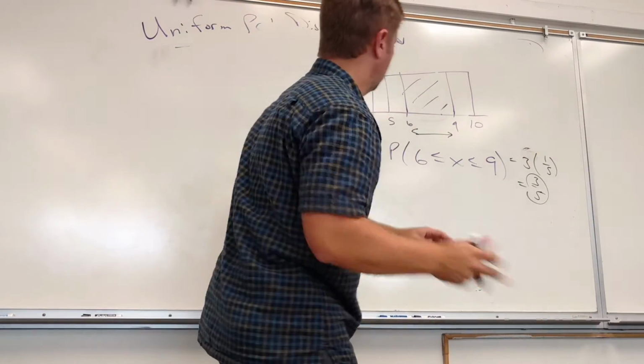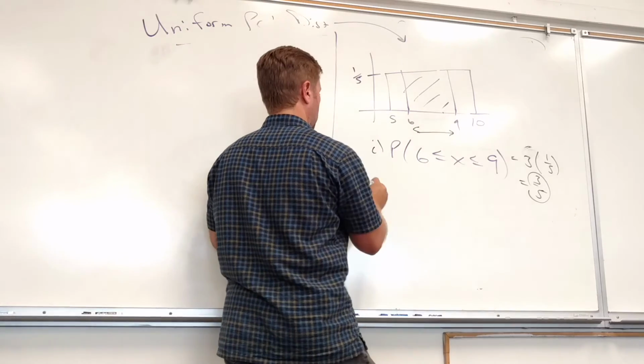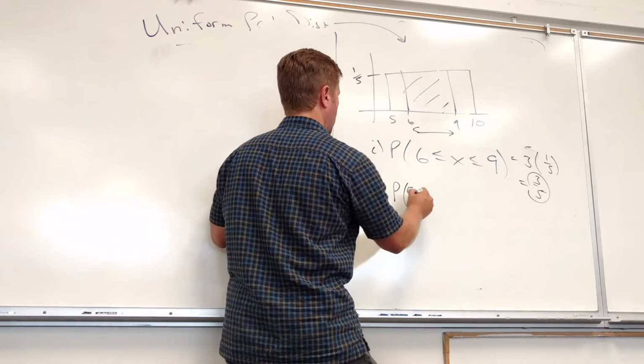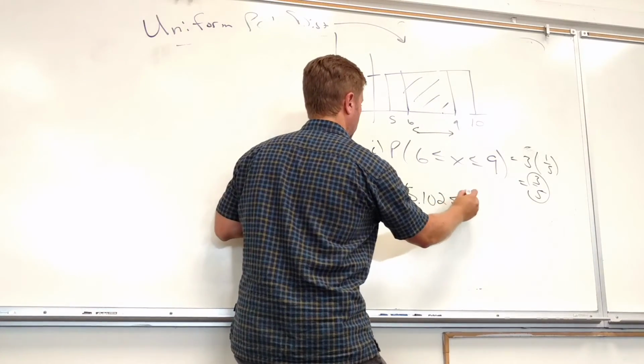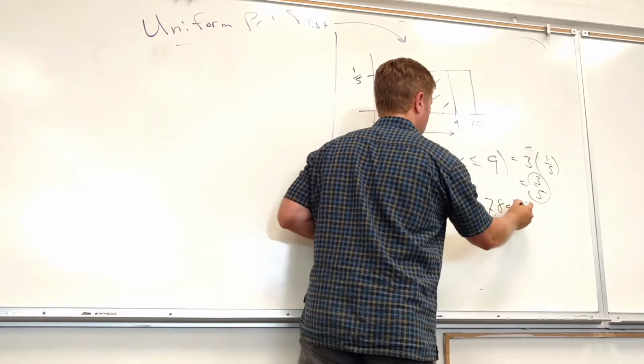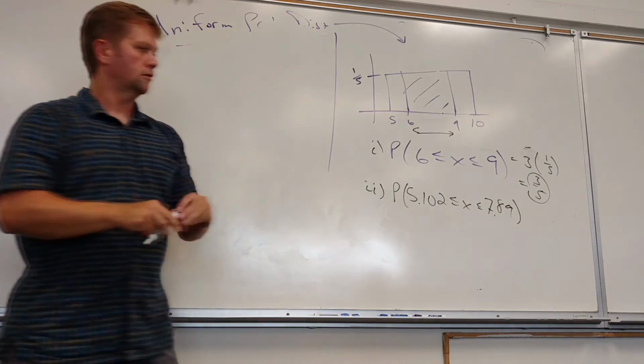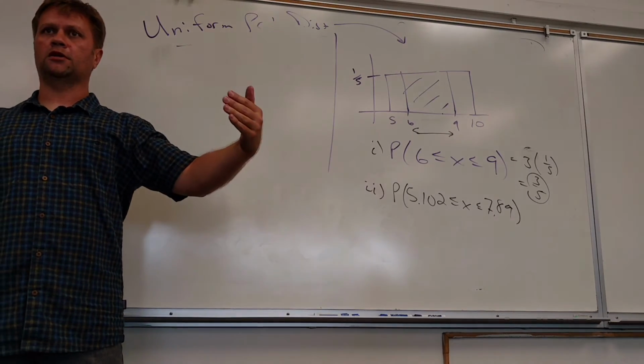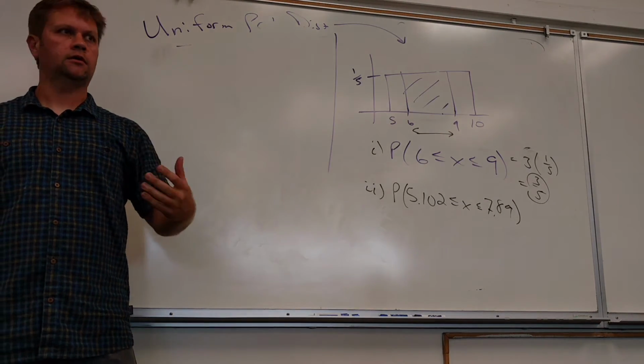So real quick, what would be the probability here that I get 5.102 to 7.89? Because this is continuous, it could be any number in between 5 and 10.